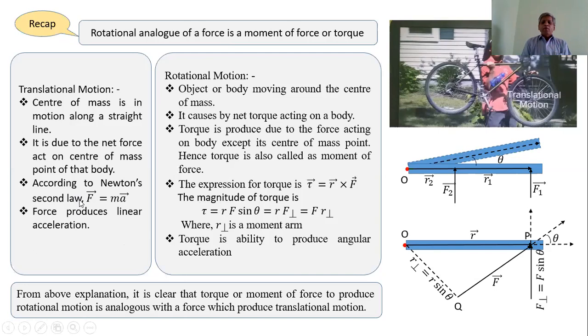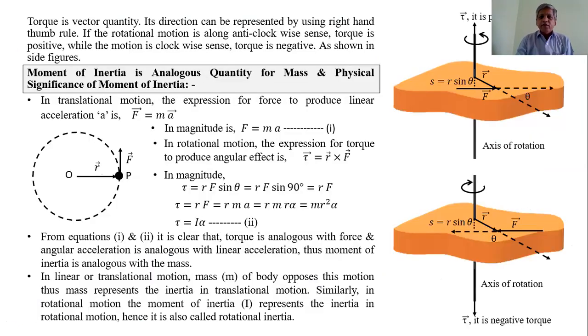This point we have already studied in the 11th standard. Also in 11th standard, we studied that the torque is a vector quantity and its direction can be found out by using the right hand thumb rule.